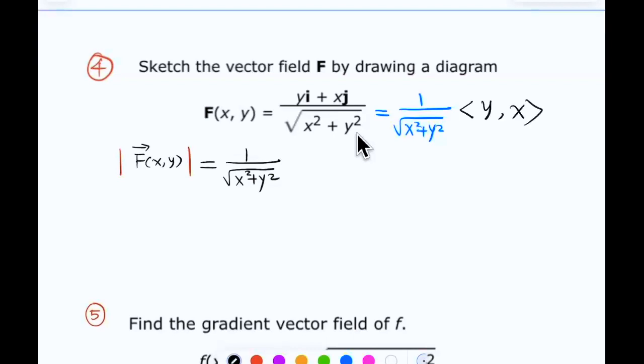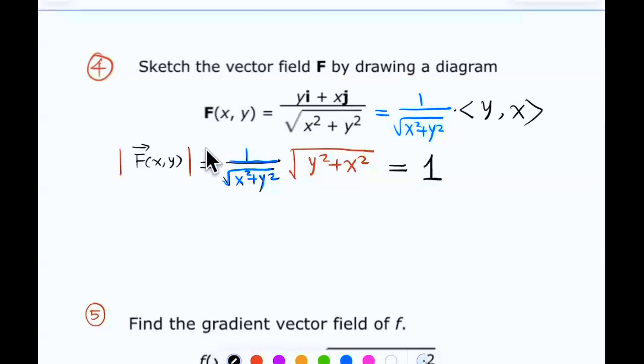So when I find the magnitude, I have 1 over the square root of x squared plus y squared, and then I take the square root of y squared plus x squared, right? Now, simplifying over here, what do you get? You get 1.